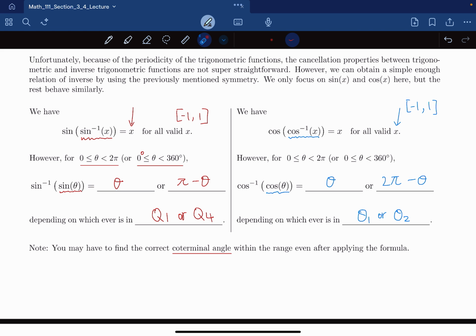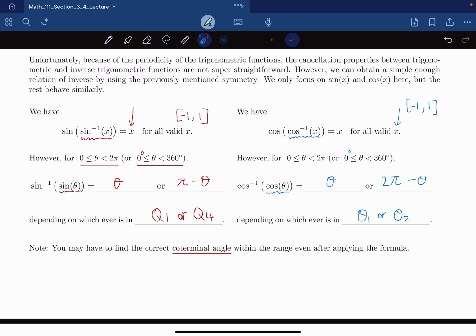Now, you do have to use coterminal angle multiple times in some circumstances. If you are given a really big angle, if you plug in, let's say, cosine of 1000 degrees in here, you have to use the idea of coterminal angle to bring it back into the appropriate range first, and then you can use this trick.